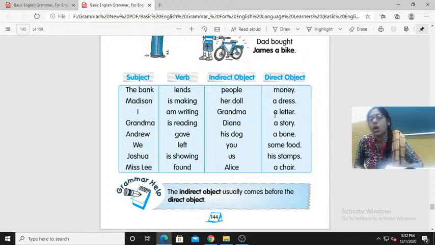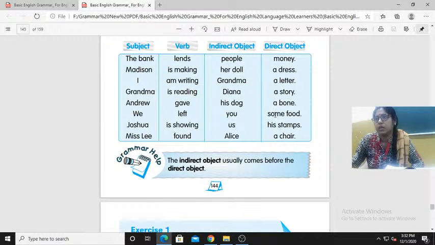So this is not good. You should know which one is direct object and which one is indirect object. It's a very tricky thing. You have to know that indirect object is always coming before the direct object.